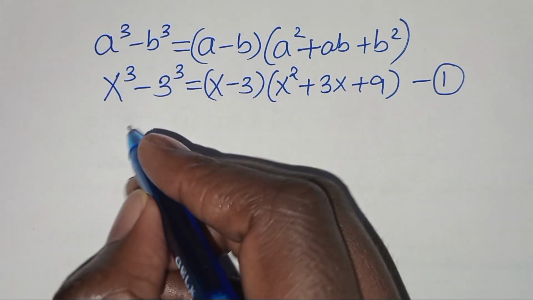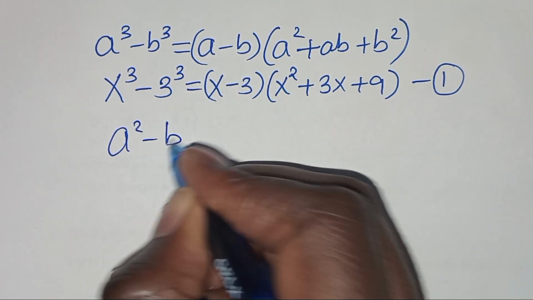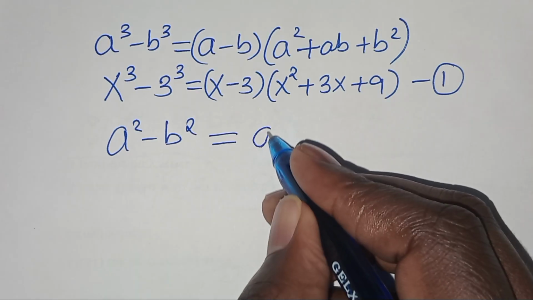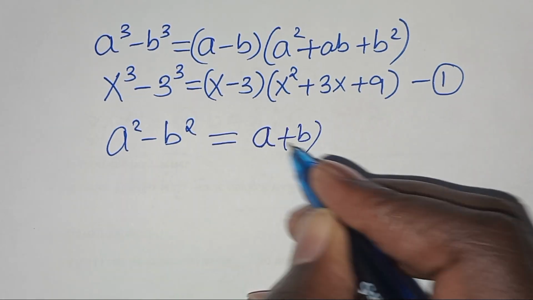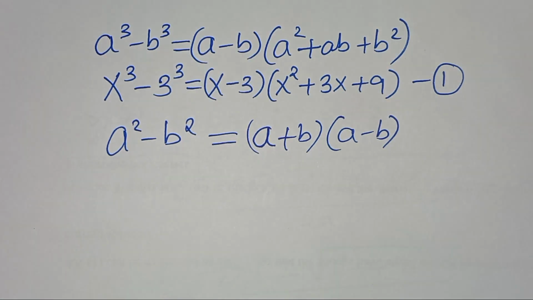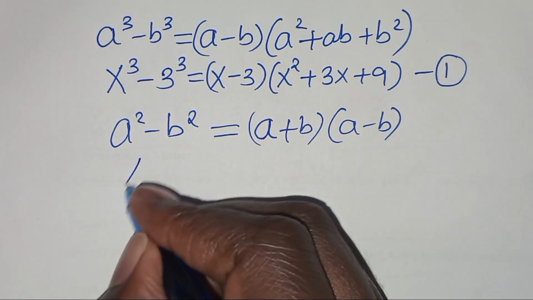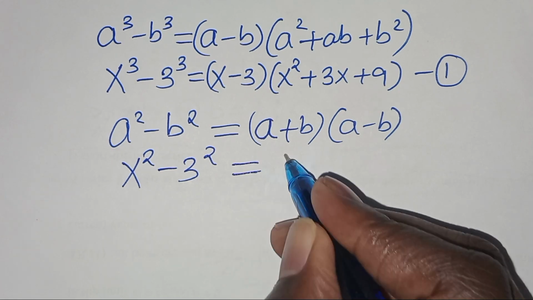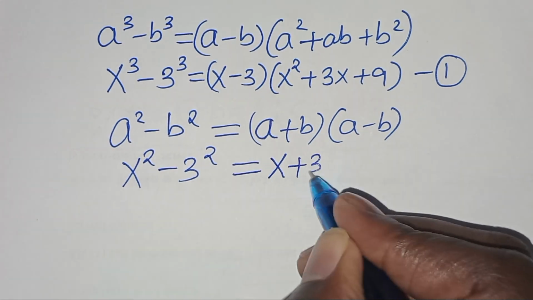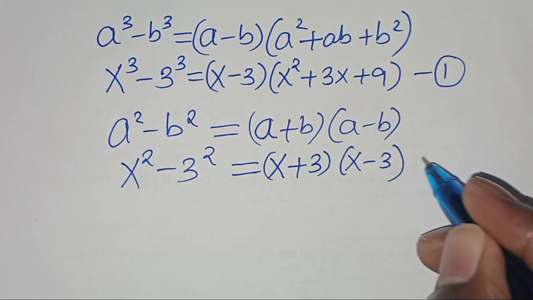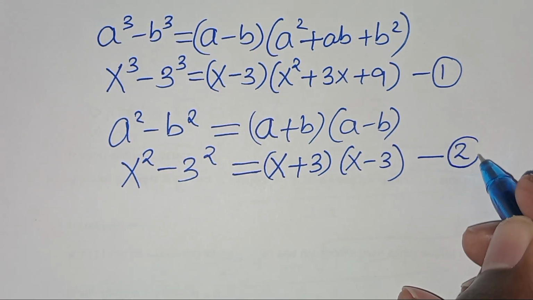Then we have a squared minus b squared. This is the difference of two perfect squares, which you can express as a plus b, a minus b. Now, from here, we have x to power 2, subtract 3 to power 2, which we can express as x plus 3, x minus 3. Let's call this equation 2.